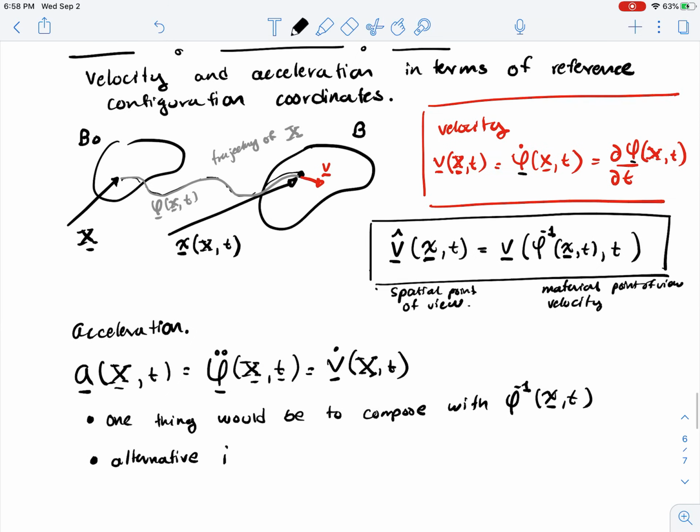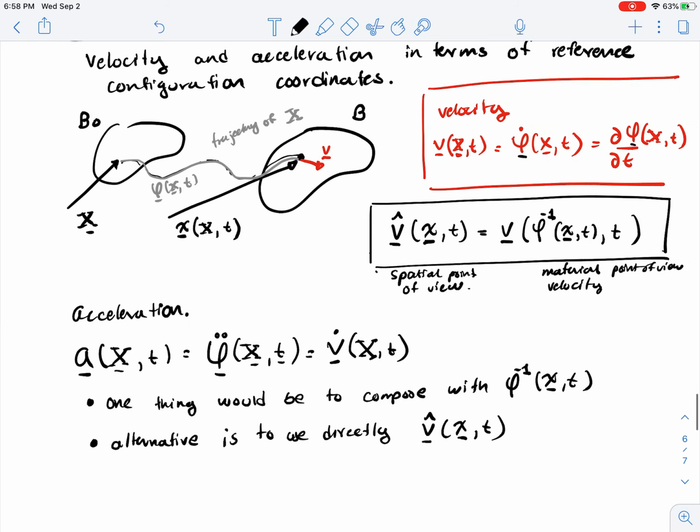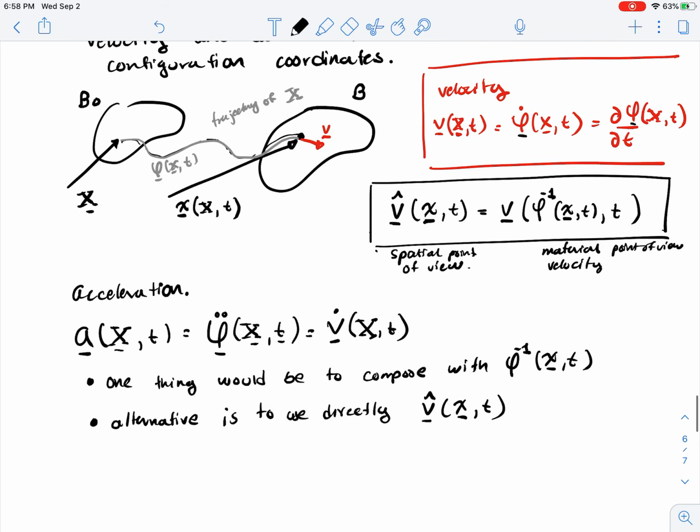And that would work. But another alternative is to use directly this v hat, which is already in terms of the lowercase x.